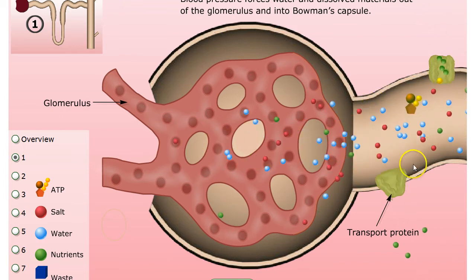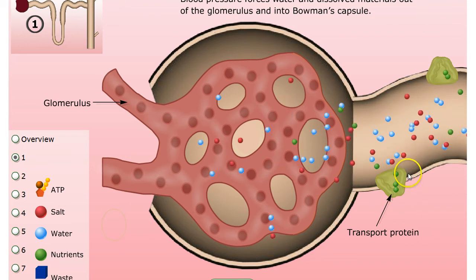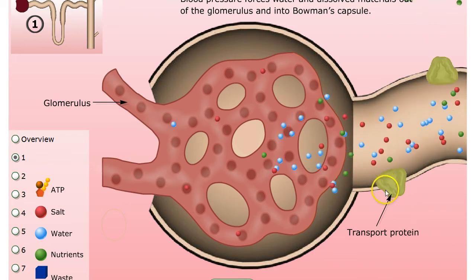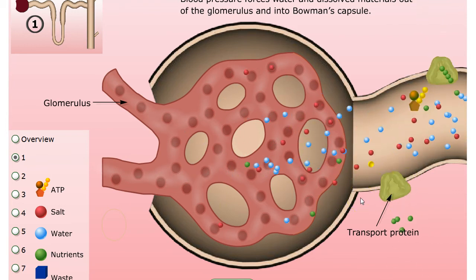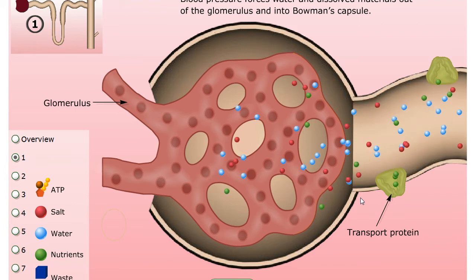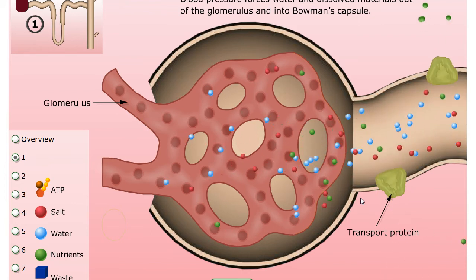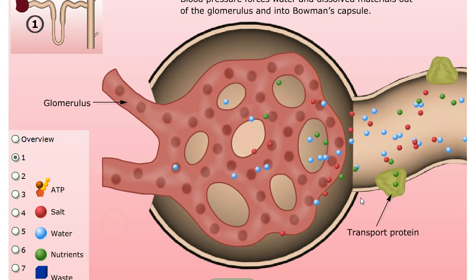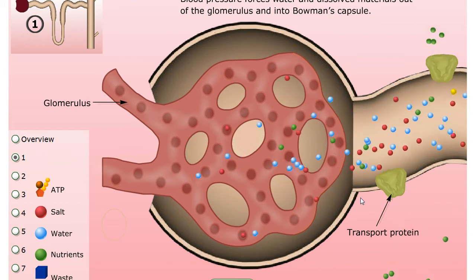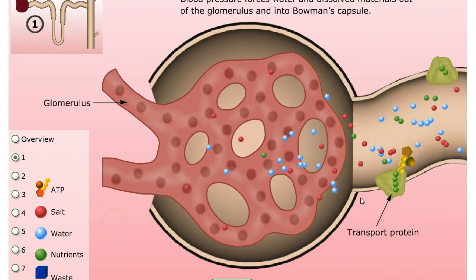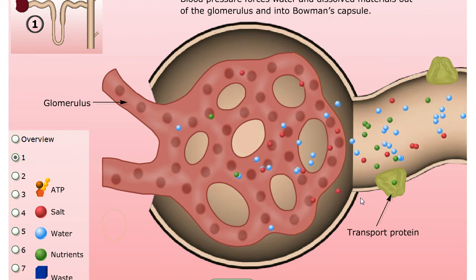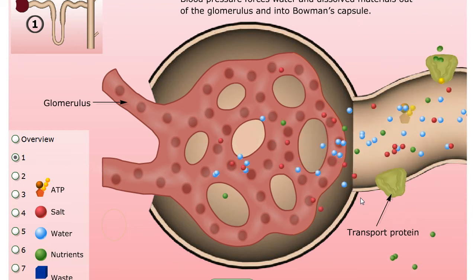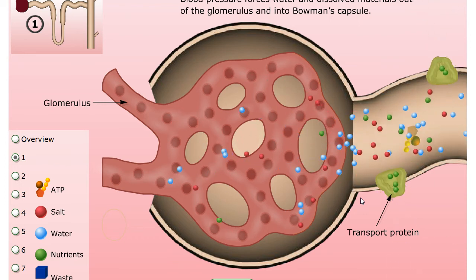As soon as filtrate is formed, along the proximal convoluted tubule, we see some selective transport of particles. So glucose, we've talked about glucose. In every biology class you talk about glucose. We know that it's important and invaluable. You never know when your next meal is, so it doesn't make sense for your body to filter out good glucose if you're in a starved state. So we need to reabsorb those nutrients.